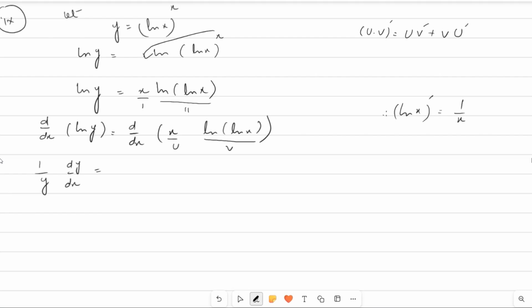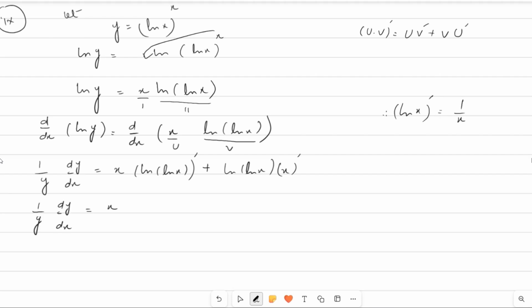x dot ln x, it is u dot v. Now the derivative of u dot v will be u v' plus v u'. u will be the same, that is x, and the derivative of v, ln x, plus v, which will be ln x, and the derivative of u, that is x.